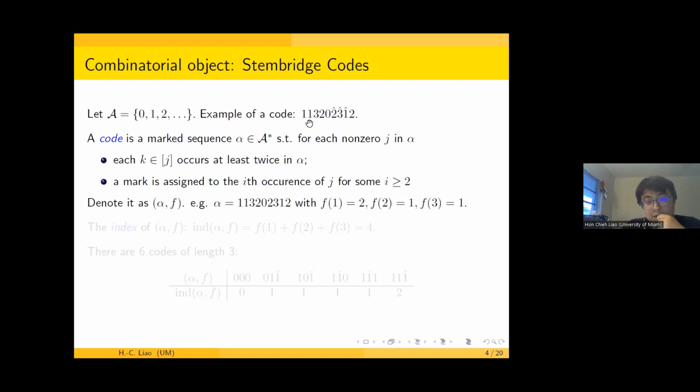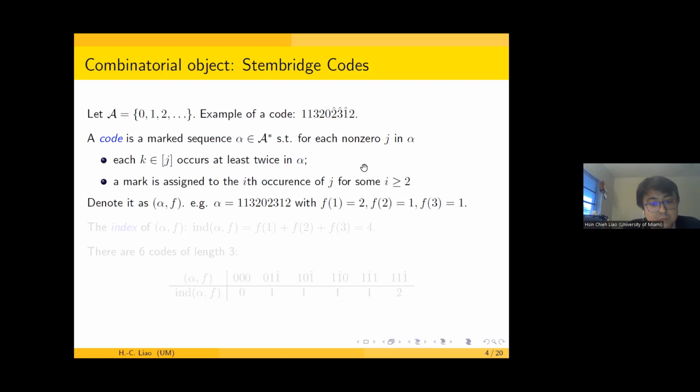Like you can see in this example, when 3 occurs in the sequence, we also have 1 and 2, and each of 1, 2, 3 has at least 2 occurrences in the sequence. There is a mark assigned to each of 1, 2, and 3, and this mark always appears at the second occurrence or after.